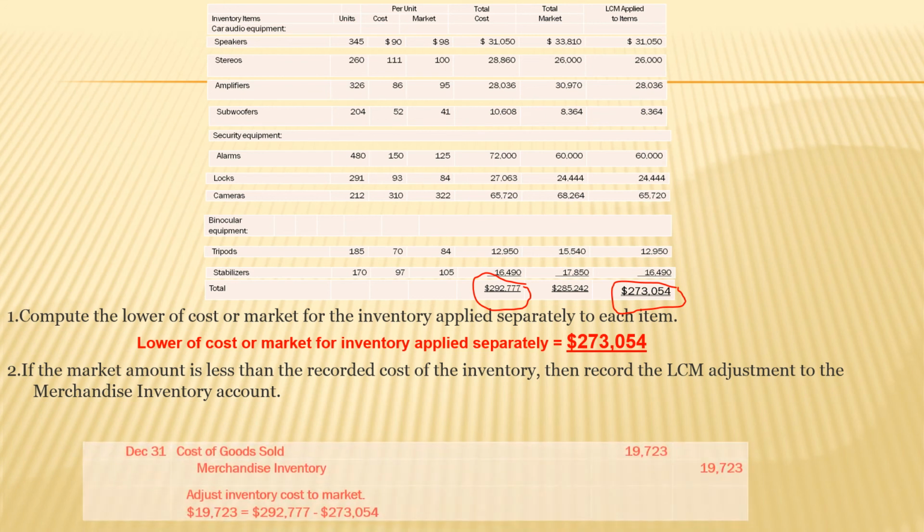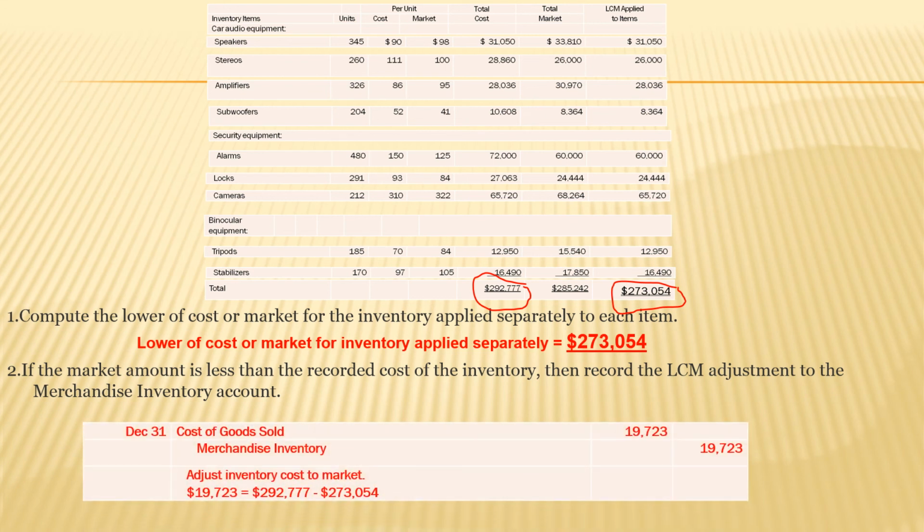The entry is going to be debit COGS and credit merchandise inventory. I'm going to increase the cost of goods sold by how much? By the difference between the 292,777, the cost here, and the 273,054 for the LCM applied to items.